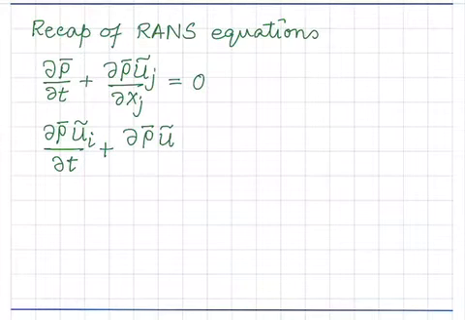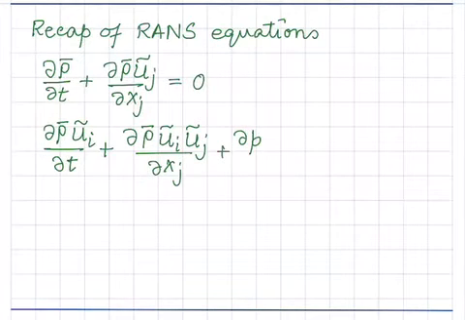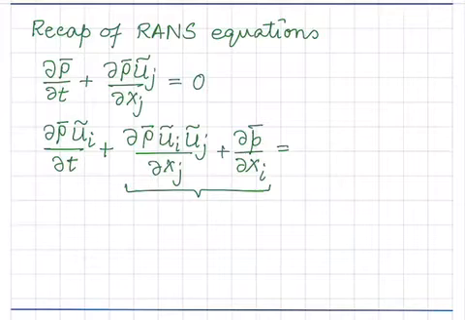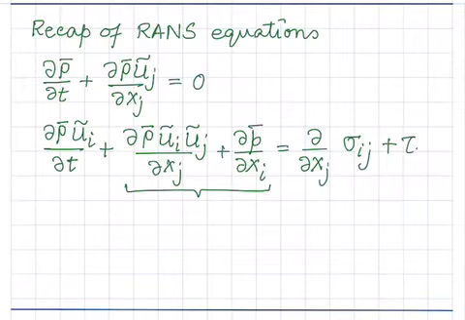Rho bar u_i tilde u_j tilde, d/dx_j, plus p bar, d/dx_i, writing these two terms together so that we can identify them as inviscid fluxes, equal to the derivative of the viscous terms, d/dx_j of sigma_ij plus tau_ij. Sigma_ij is a bar. I've clubbed Reynolds stress and viscous stresses together.